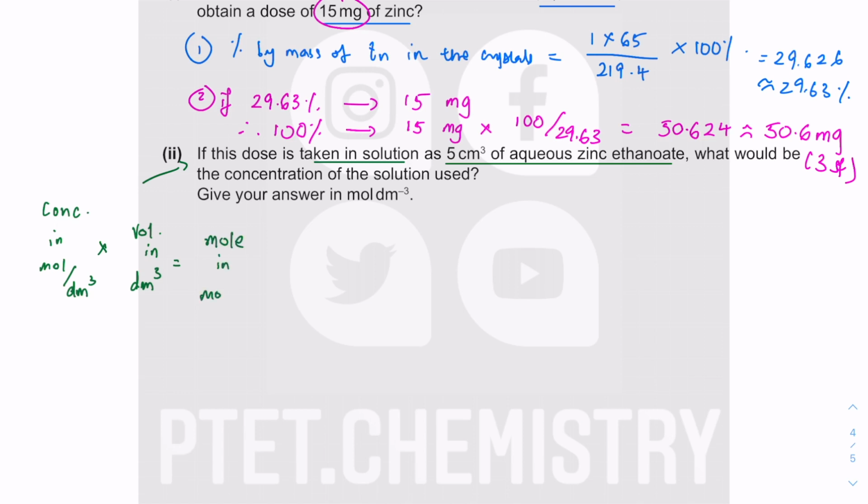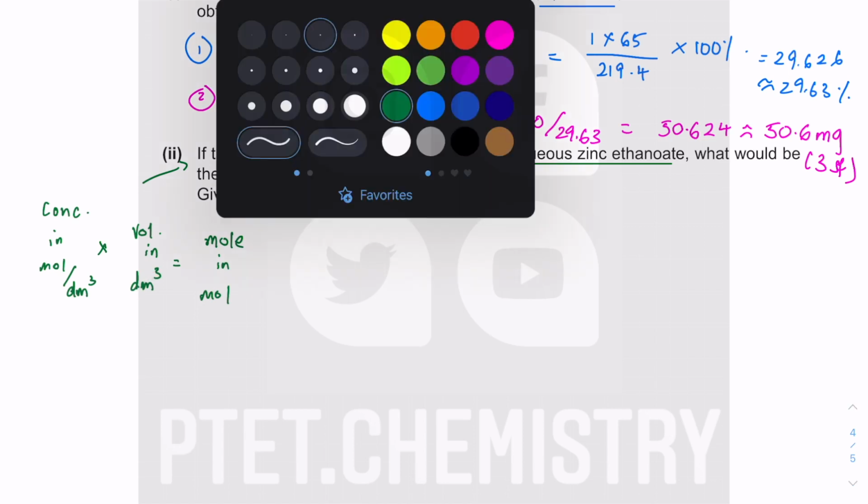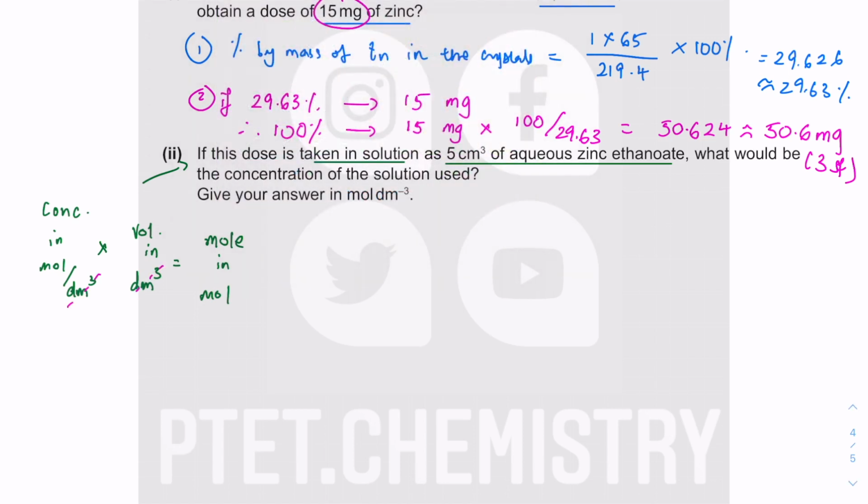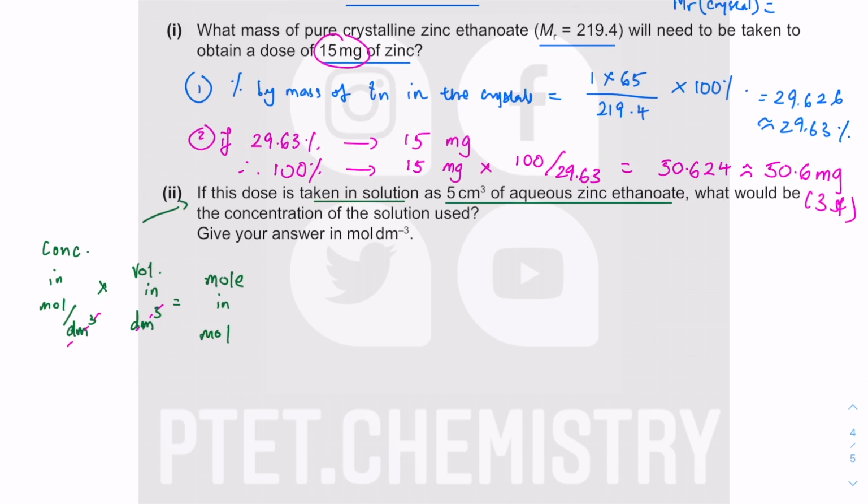As you can see, the dm³ and the dm³ cancel out, and that will give you mole. So if the dose is taken as 5 cm³ of aqueous zinc ethanoate, what would be the concentration of the solution used?